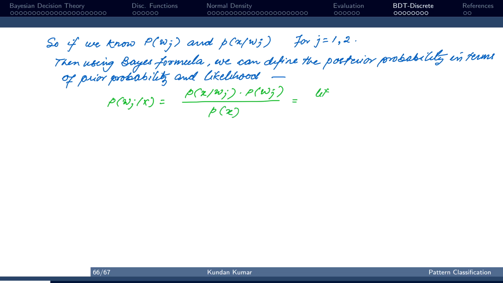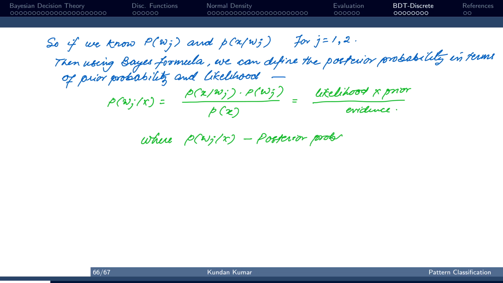So we can write likelihood into prior divided by evidence, where P of omega j given x is the posterior probability and the evidence is defined using this expression.